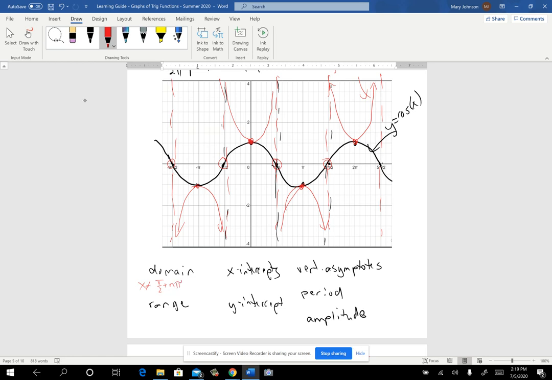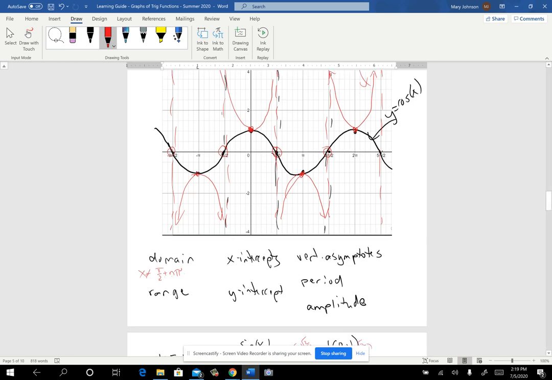Another way to write it is just pi over 2 plus n pi. So here's pi over 2. Every time I add pi, I'm going to get a vertical asymptote. Every time I subtract pi, I'm going to get a vertical asymptote. That's a way to handle it when you want to say add some odd multiple.